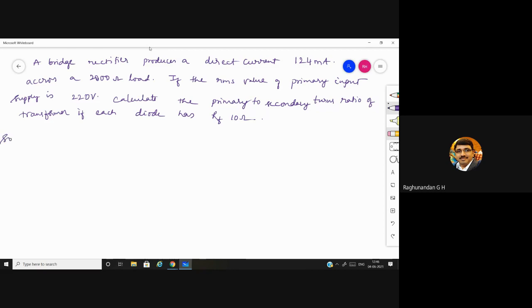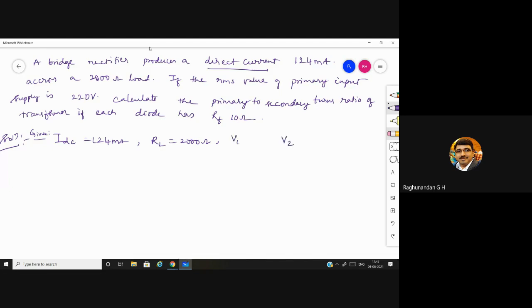First, let us write the given. So solution, given IDC, it is 124 milliamps because they are telling directly it is direct current. After that, RL is equal to 2000 ohm, and they are telling the RMS value of the primary input supply is 220 volt. So we are having V1 and V2.